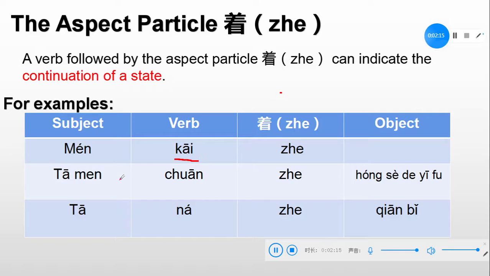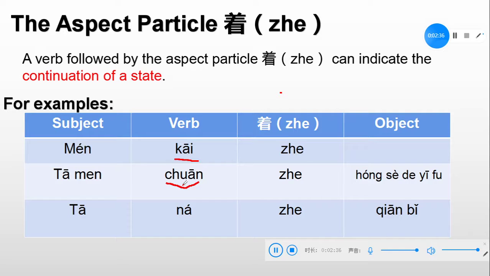Alright, here, second one. 他们穿着红色的衣服. 好，他们 is they. 穿 as a verb, remember? This is a 词汇 that we learned in this lesson.